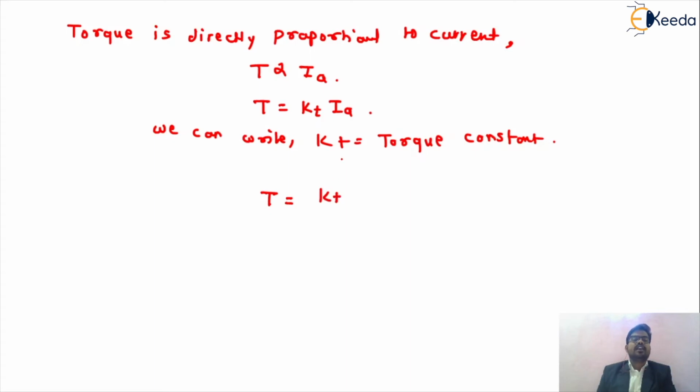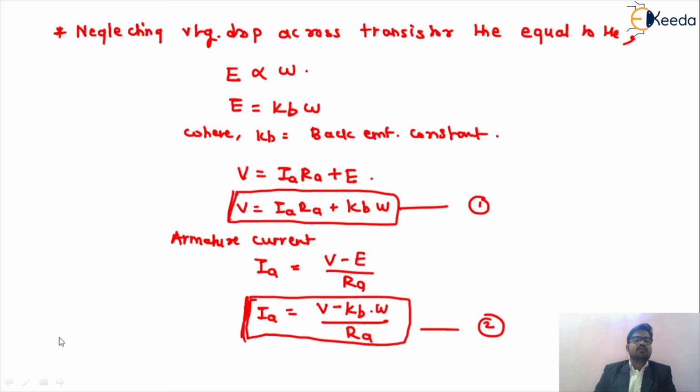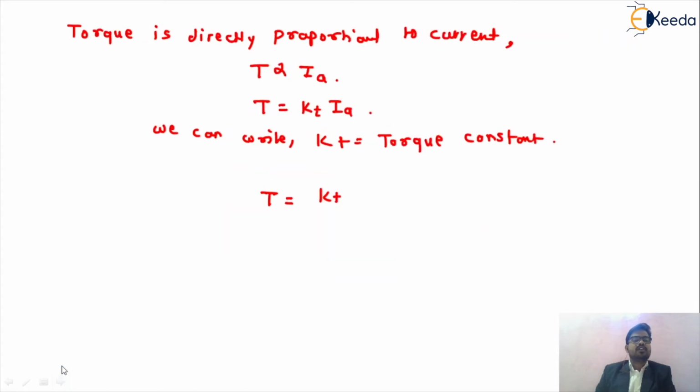Because we already have the formula of the current, that we derived earlier, we now substitute the value of the current into this equation.